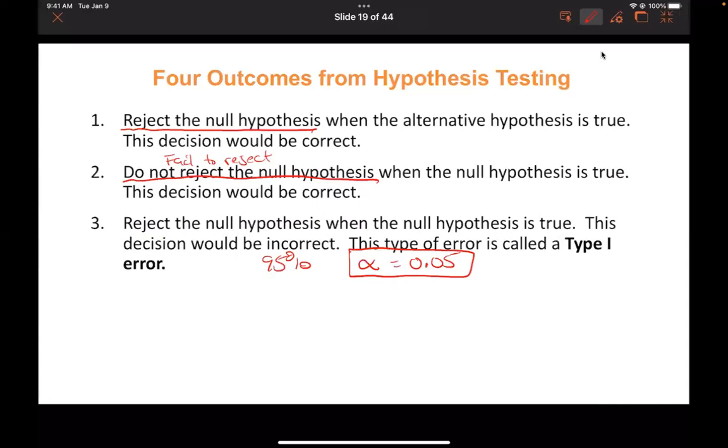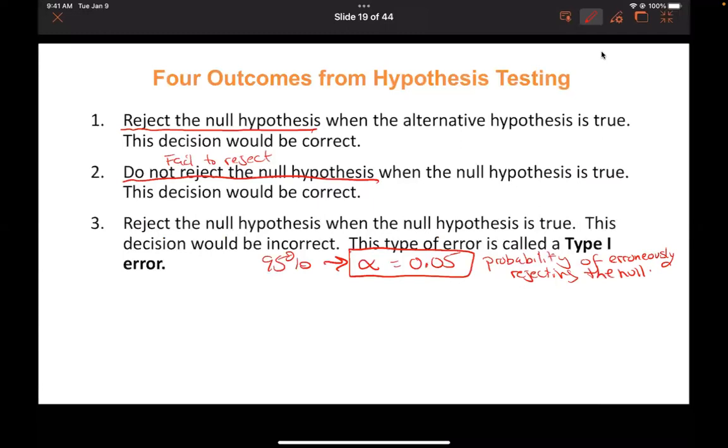This right here is the probability of erroneously, I love that word, erroneously rejecting the null. So this is also the probability of making a type 1 error. And a type 1 error is just you rejecting the null when you shouldn't have.